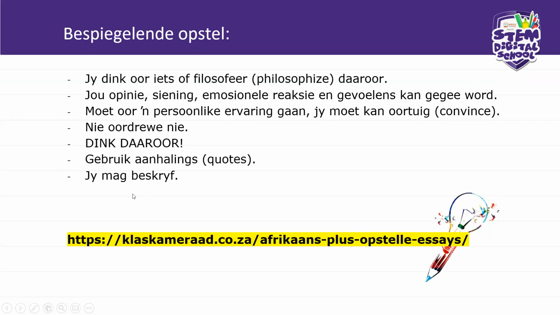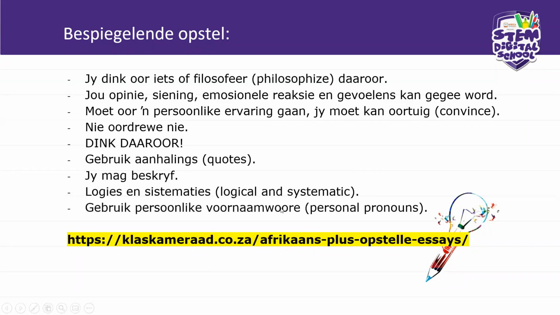You are allowed to elaborate on the topic. You might also be descriptive, but the importance of a bespiegelende opstel is that you must work logically and systematically. And how do I do logic and systematic? I have a proper structure, which we'll get to in our next lesson. I make a statement, and I work from the statement downwards, but we'll get there.